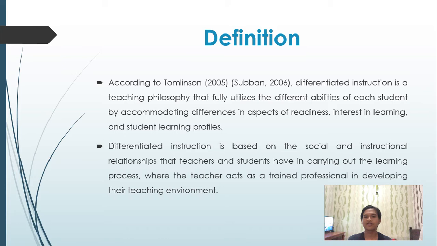So differentiated instruction is not just a teaching practice, but an instruction that provides interesting learning activities that are relevant to students' needs, with different engagement for each student to achieve the same academic goals in a learning process.